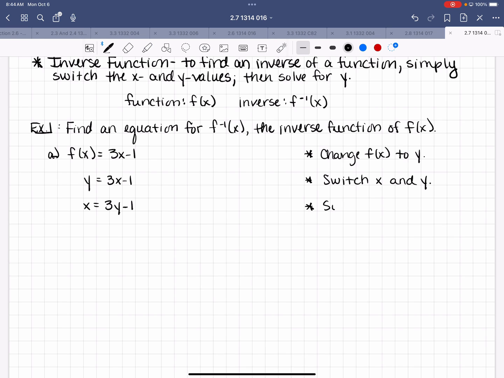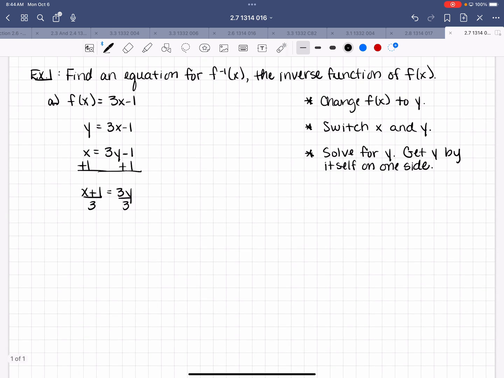Now we're going to solve for y, which of course means get y by itself on one side. So I'm going to add 1. That's going to give me x plus 1 equals 3y. Divide both sides by 3. And I pretty much have y equals x over 3 plus 1/3.